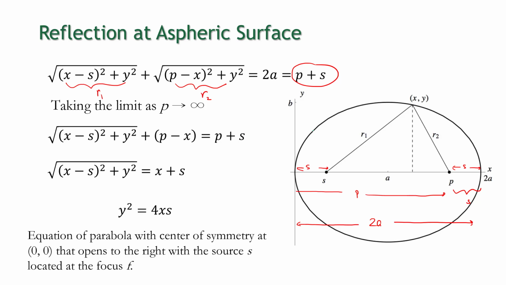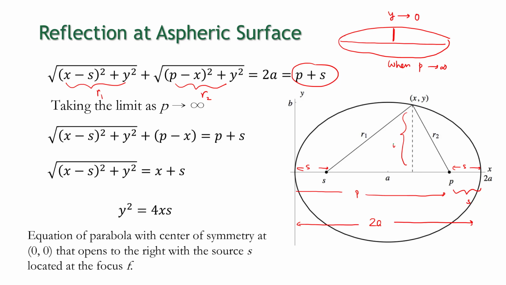Now, assume that p goes to infinity. This means our ellipse is very, very long compared to the height. We have a long ellipse, and compared to this distance, this is pretty short. So we can neglect y, y goes to 0 when p goes to infinity. When this point is far away from the origin, we can consider this y to be negligible.